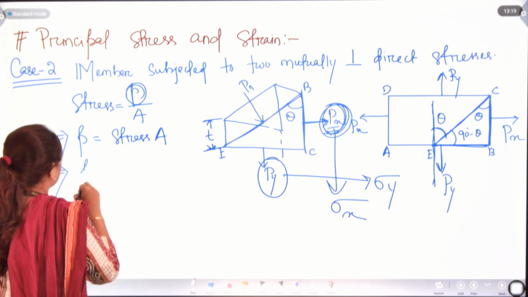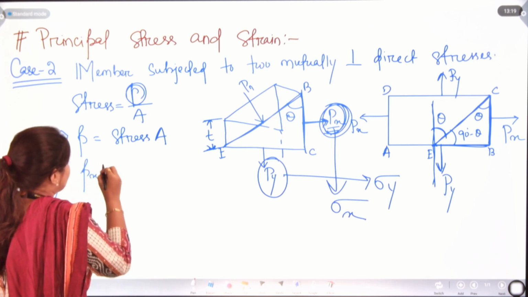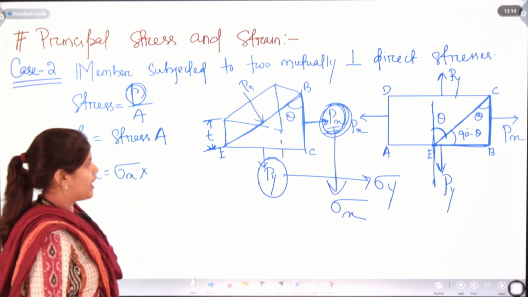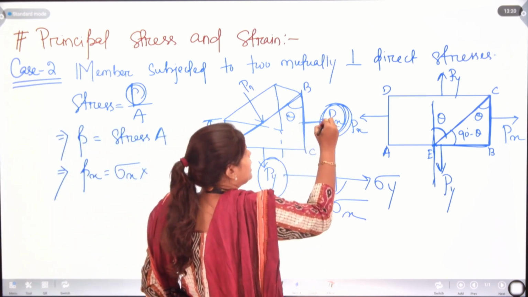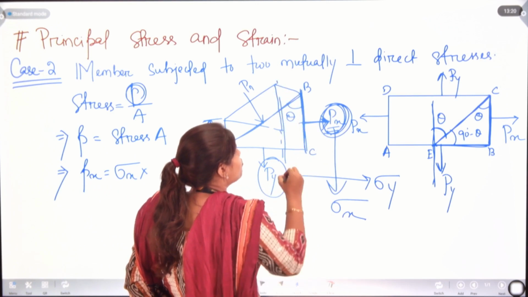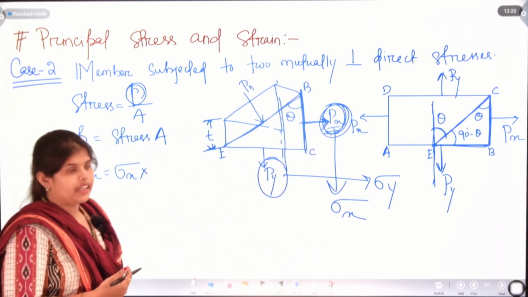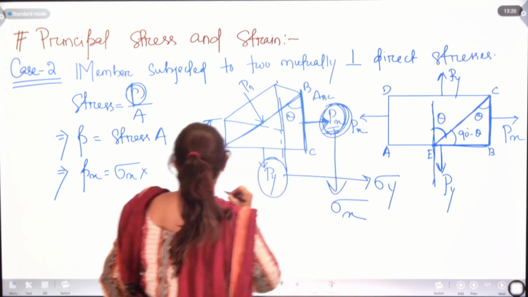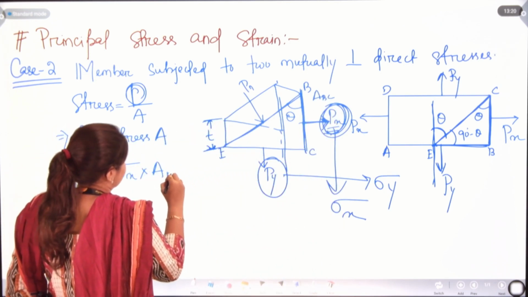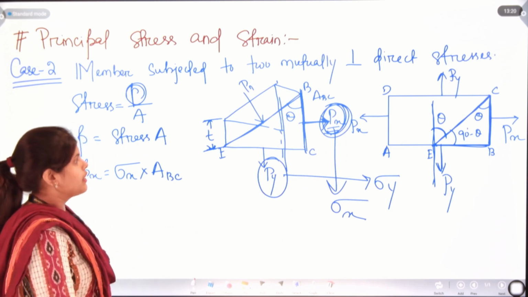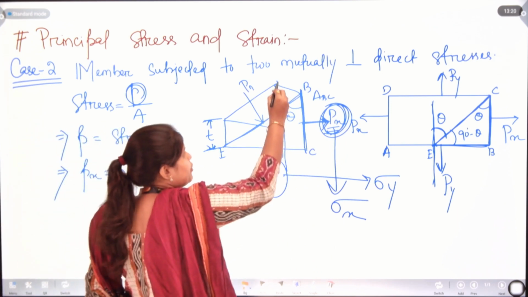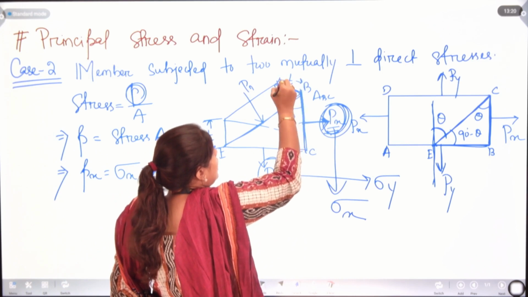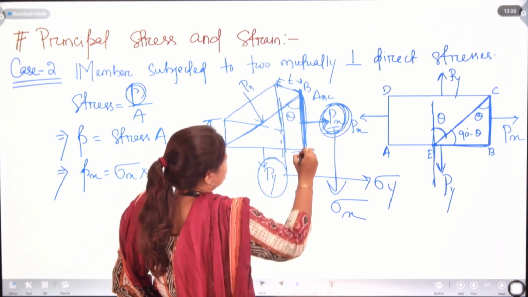So, for Px we can write sigma x multiplied with area. Which area? Px is acting along BC plane, so we can take area of BC. In BC plane, there will be the thickness and the length here.